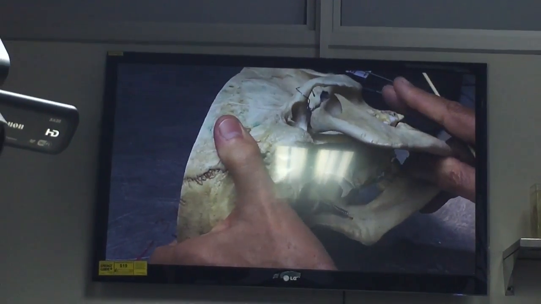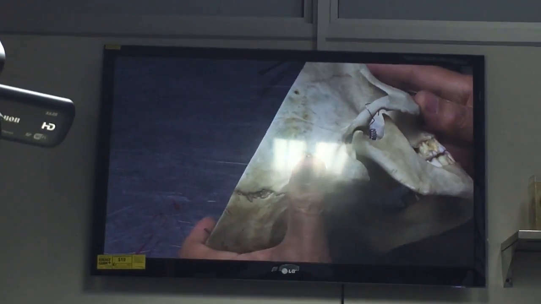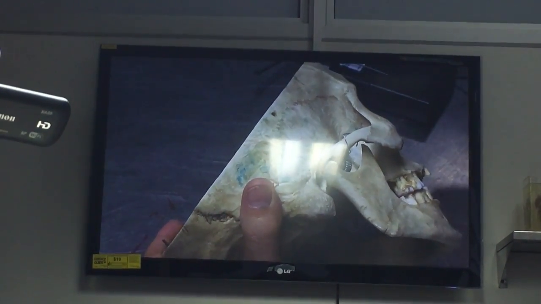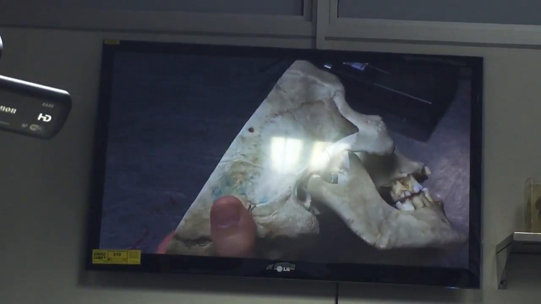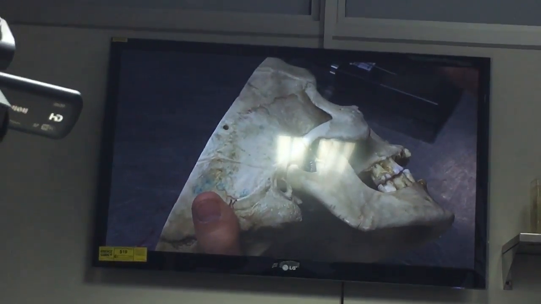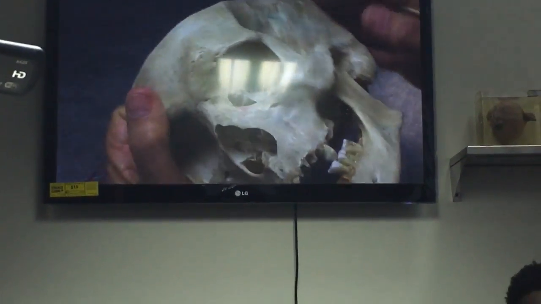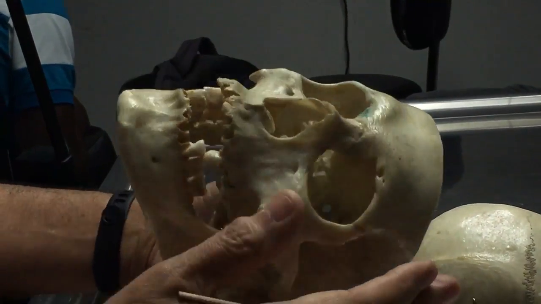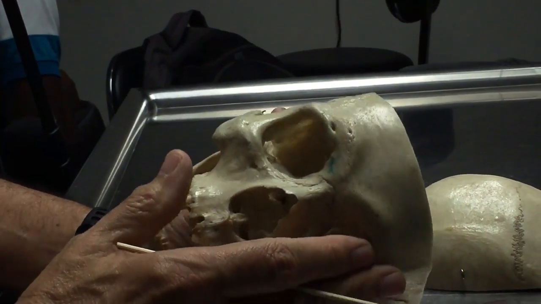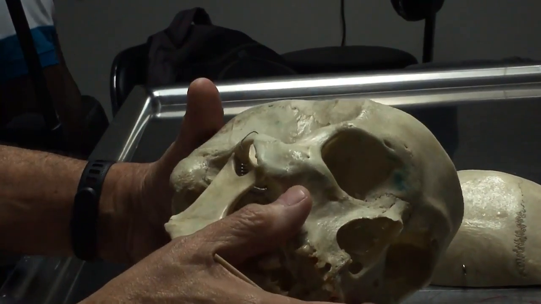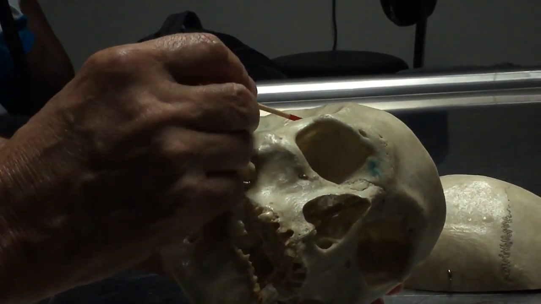Initially it was just a mild concussion, and then afterwards, as it bled, it starts pressing on the brain, and that is a very important surface of the brain right there. If it's on the left side, it'll be right over your Broca's area, which Mr. Gardner is going to show you. So that's the pterion.